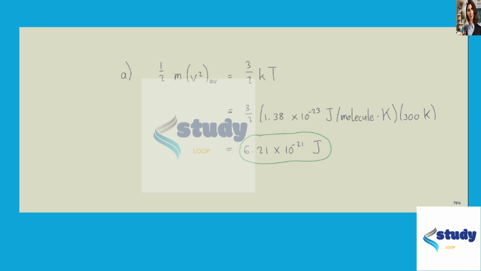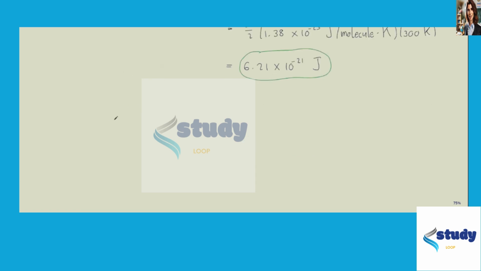Next, for part B, we want to calculate the average value of the square of its speed. So to get this, we first need to find the mass of one molecule. The mass of one molecule of the oxygen is its molar mass divided by Avogadro's number, N_A.